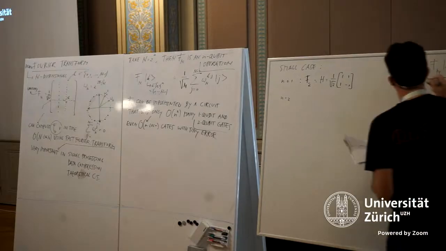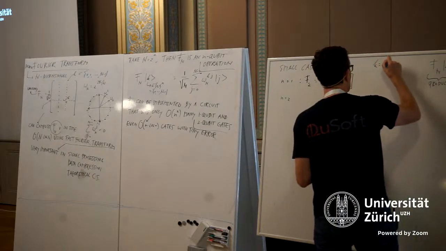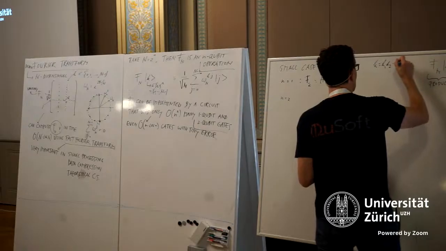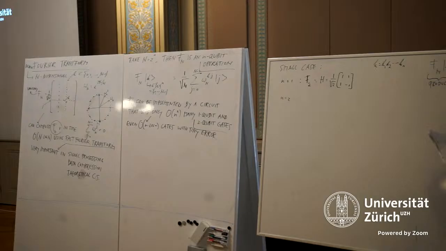I'm thinking of k here as a string of n bits. So what is this object here? This object is sort of like the ket plus state, except that it has an additional phase in front of the ket 1. And that phase only depends on the last bit of k.